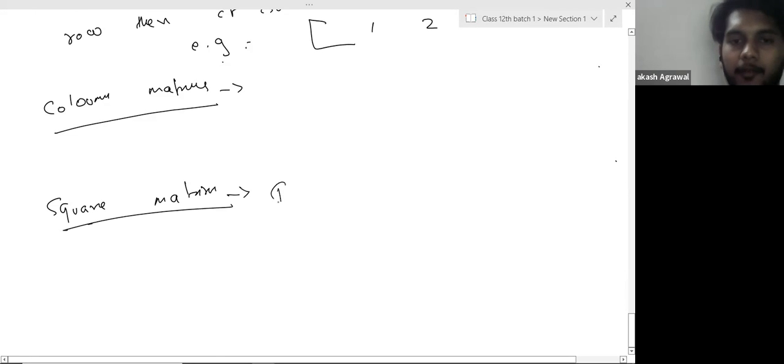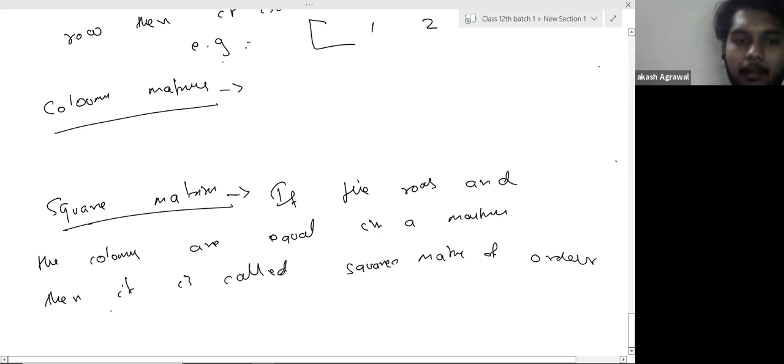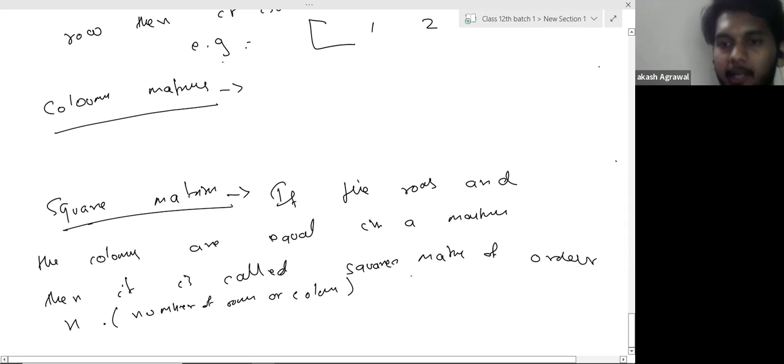If the rows and the columns are equal in a matrix, then it is called a square matrix of order n, where n is the number of rows or columns. How will we write the order?